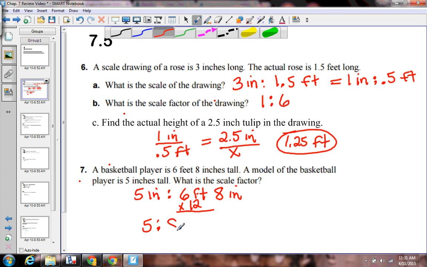Total it would be 80. And then we need to simplify that, just like we would simplify the fraction 5/80ths by dividing each part by 5, and we end up with 1 is to 16. And that means that for every 1 inch in the model, it would be 16 times larger in real life.